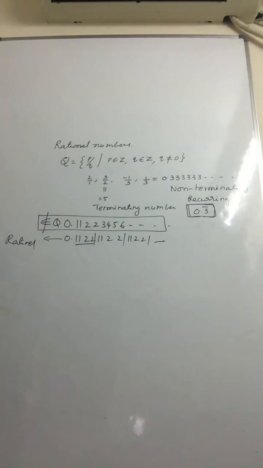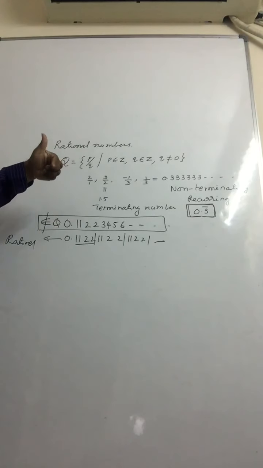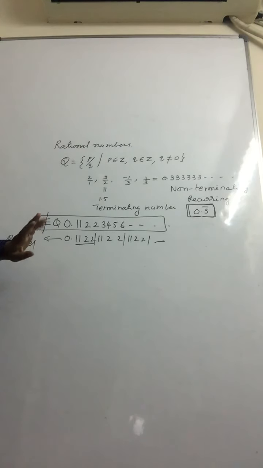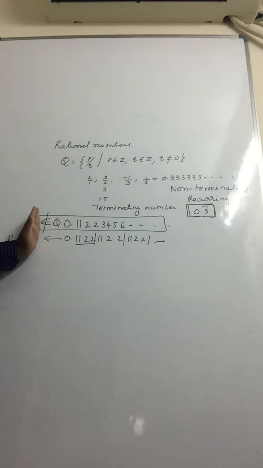So rational numbers we define either in the form p by q where both are integers and the denominator is different from 0. The other definition is those that are terminating numbers, or non-terminating and recurring. If a number is neither terminating nor recurring, this is not a rational.